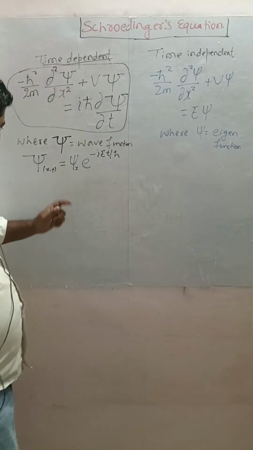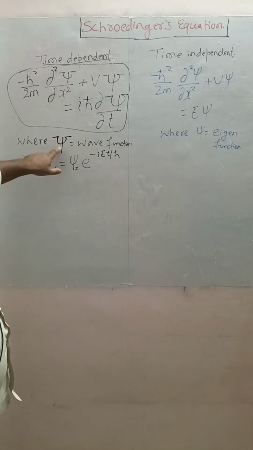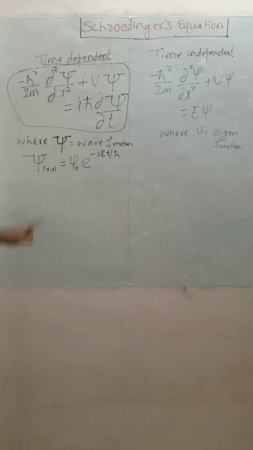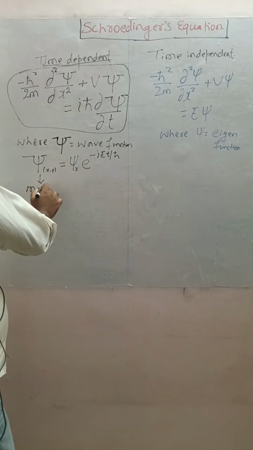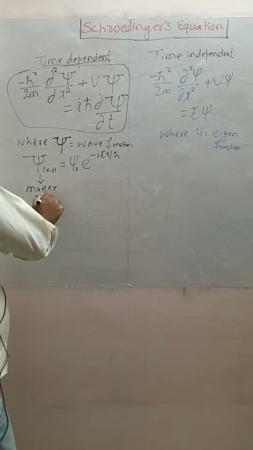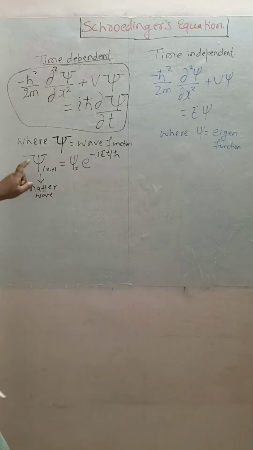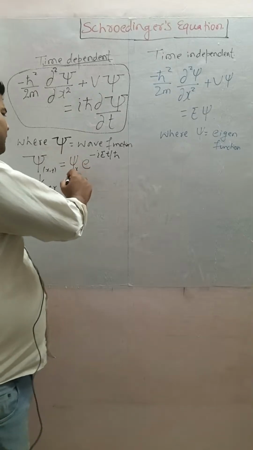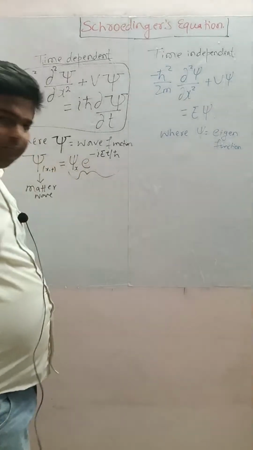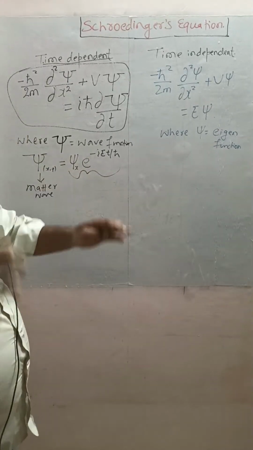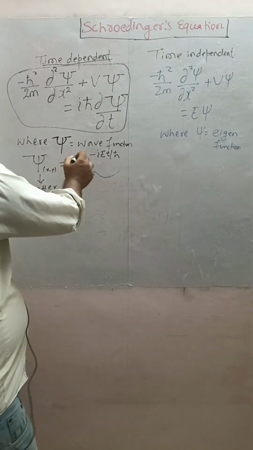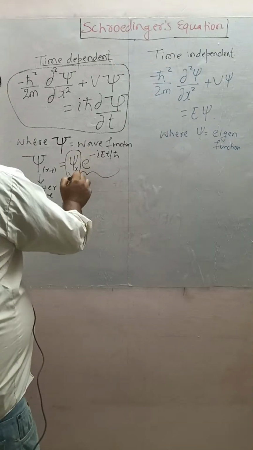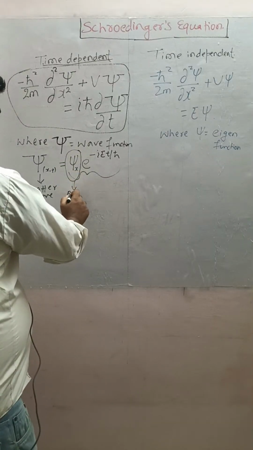Now see, the value of this matter wave function, this is the matter wave. The matter wave function always has this type of form. This is the amplitude.